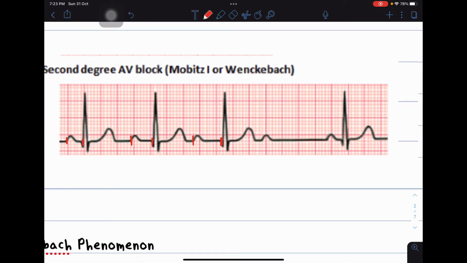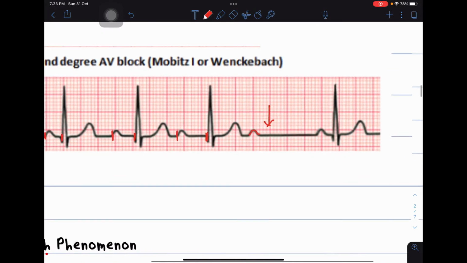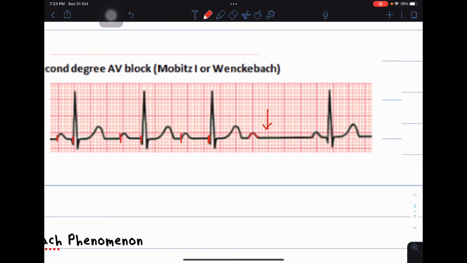And now if we see the next one, we see the P wave, but we do not see the QRS complex. So here is the missed beat, that is not being conducted from the AV node. If we see the next one, here is the P wave.